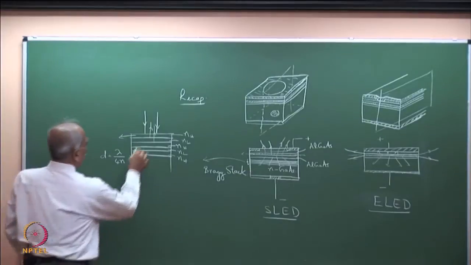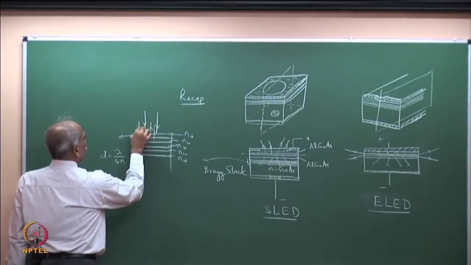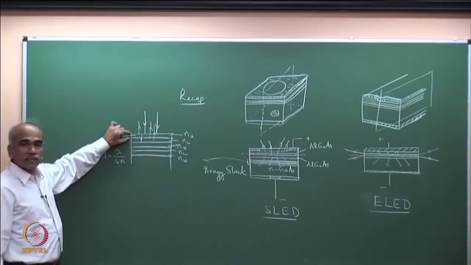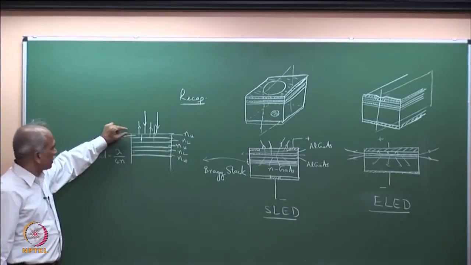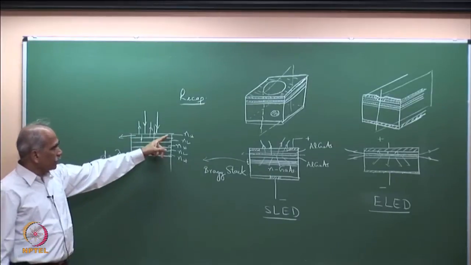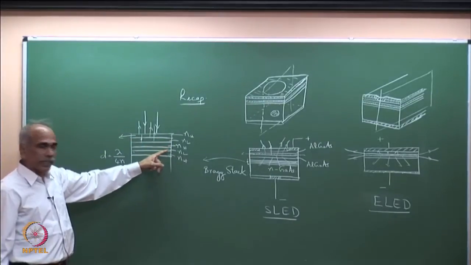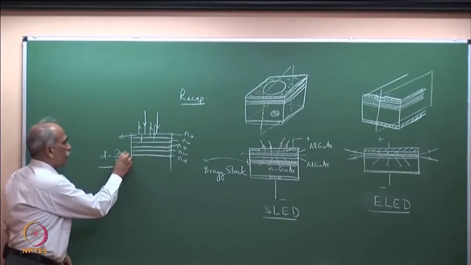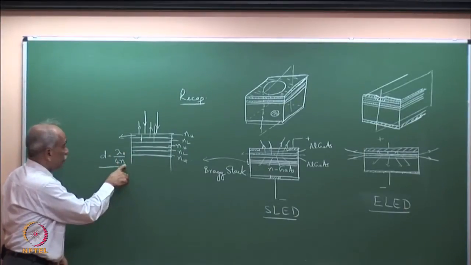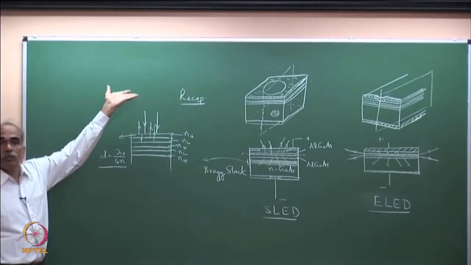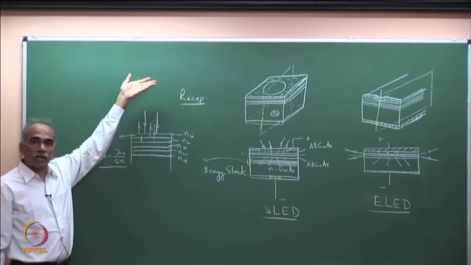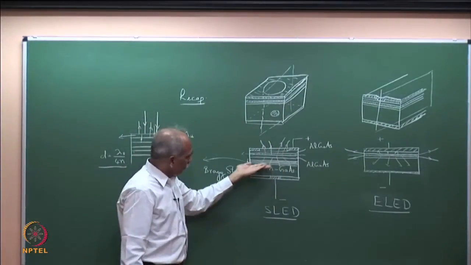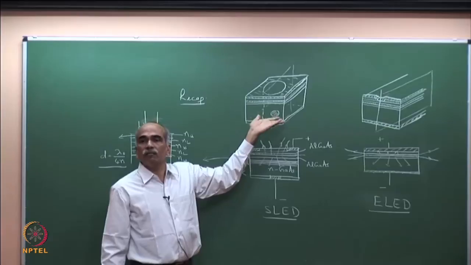If you choose layers of thickness lambda by 4, alternately high index, low index, high index, low index, a particular wavelength that satisfies this, for example lambda 0 divided by 4N, will be predominantly reflected back. So if the radiation is at a particular wavelength, all of it can be reflected back.